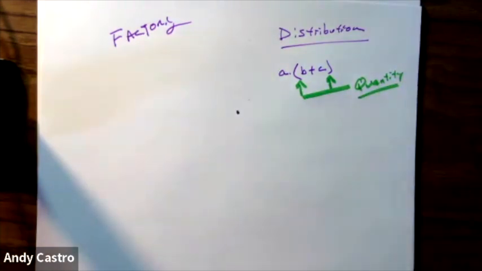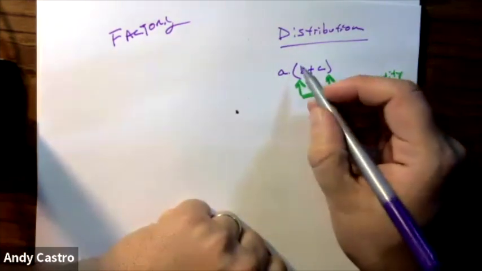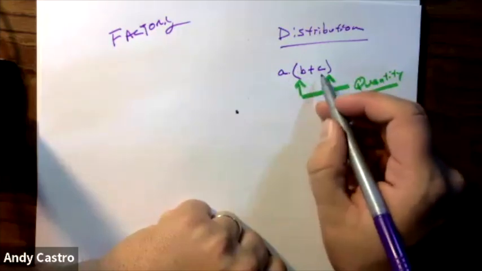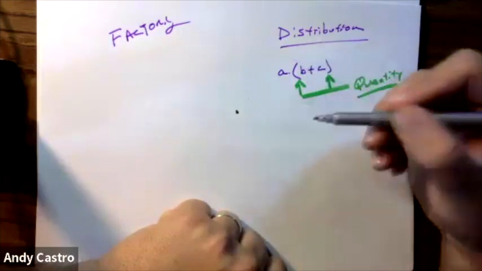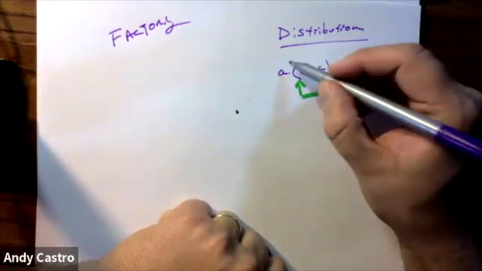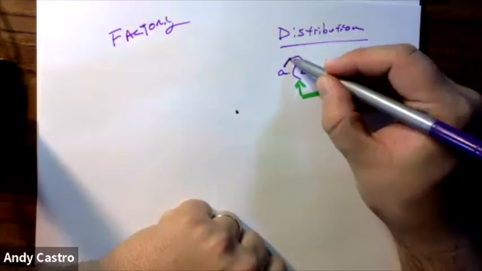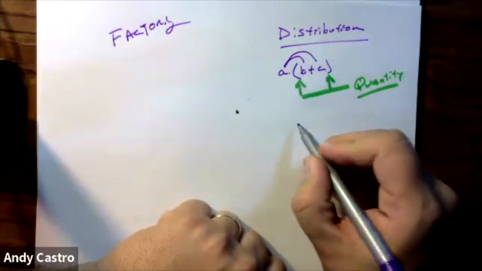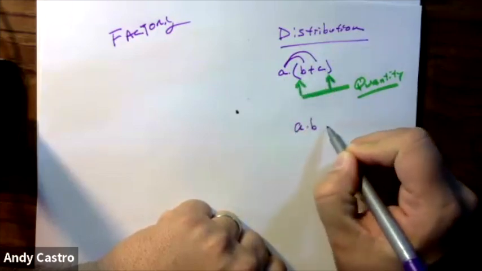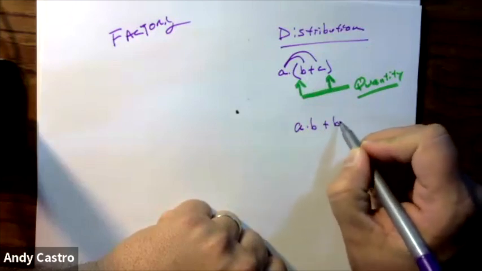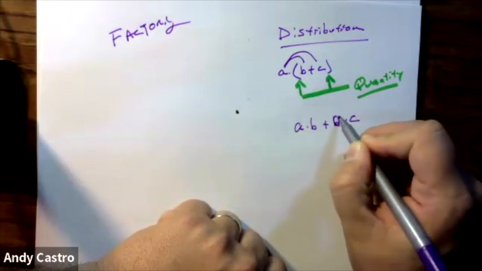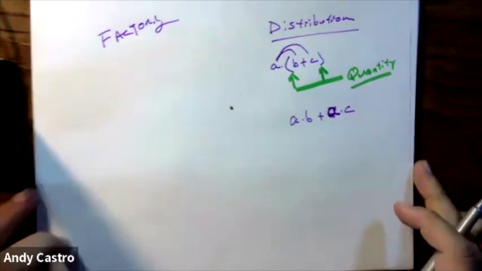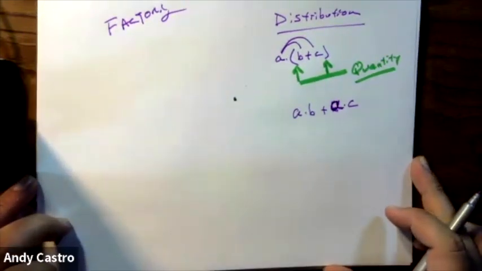And quantity simply just means a number, okay? So this would be A times a number. But a way that we can find out what the number is through distribution. So we can distribute the number on the outside of the parentheses over addition. So this would be A times B plus A times C.